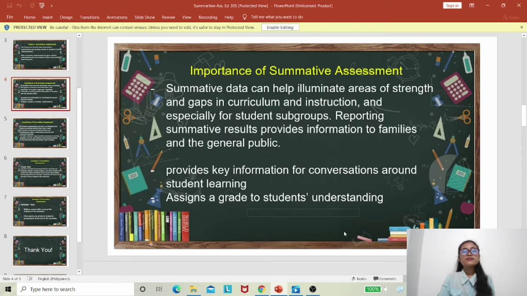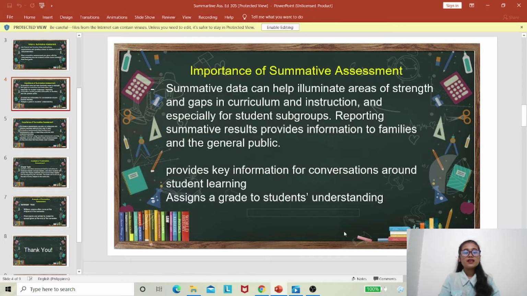So the data collected from summative assessment are very useful and important, for they will be communicated to the families or parents of the students, so that instruction will be improved and the gaps of the curriculum will be changed through the use of the data collected from the summative assessment.